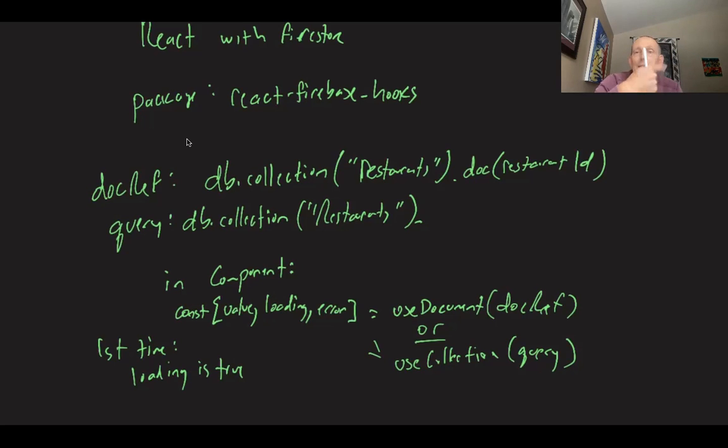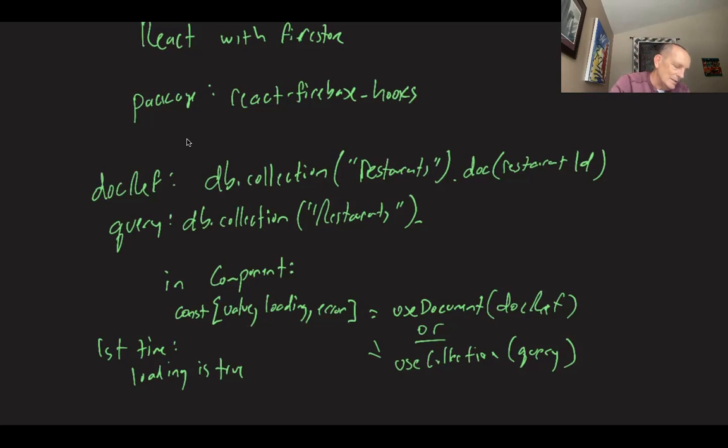This is asynchronous. The first time you call it, it immediately returns loading is true, and then it waits for the network communication to come back with either the document or the snapshot for the collection. At that point it re-renders, and your component gets called again.